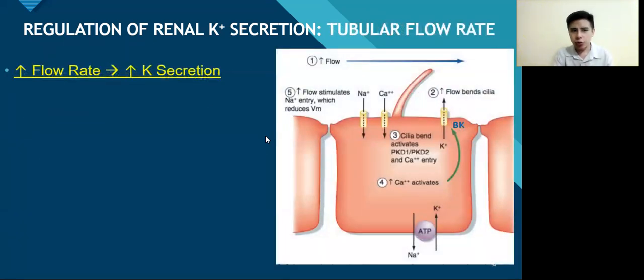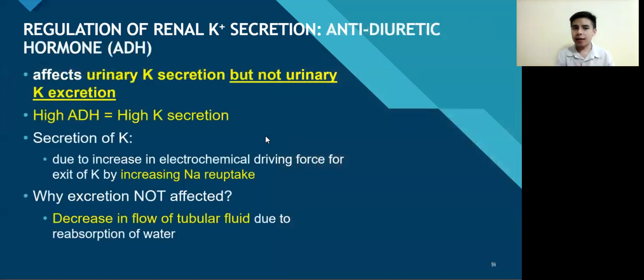You know that whenever there's a high flow rate, there will be high potassium secretion. Whenever there's a low flow rate or low tubular fluid, there will be low potassium secretion. So in short, ADH enhanced potassium secretion, but ADH will also cause a low tubular fluid flow rate because you reabsorb water.